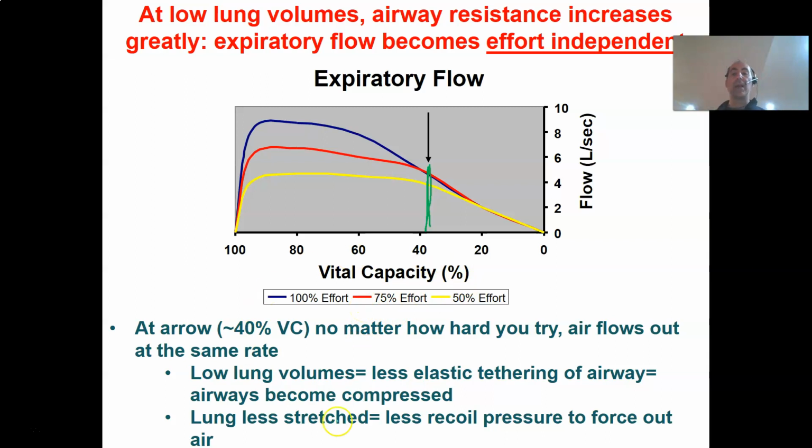And we know that the balance point for the two is roughly about 40%. So this 40% becomes really important, because at 40%, they're in balance. Okay? So let's go back to this expiratory flow and effort independence.